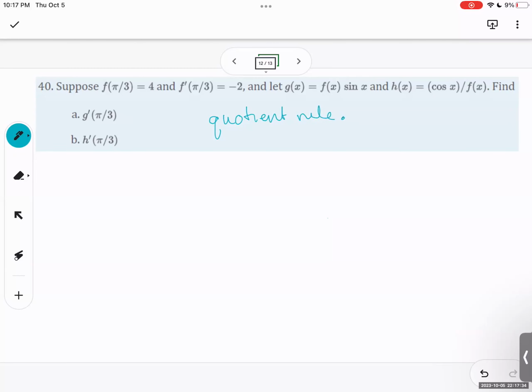So the quotient rule. We have f divided by g, and we take its derivative. We have low d high minus high d low over low squared.